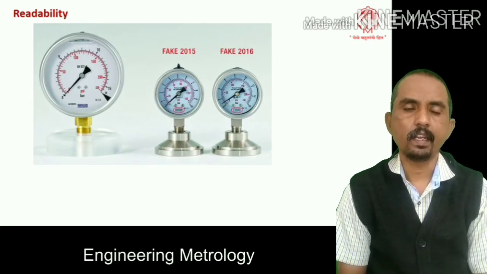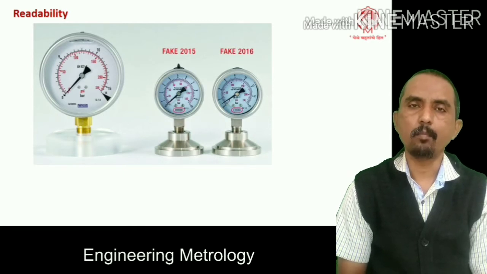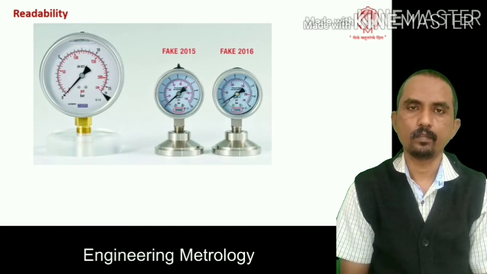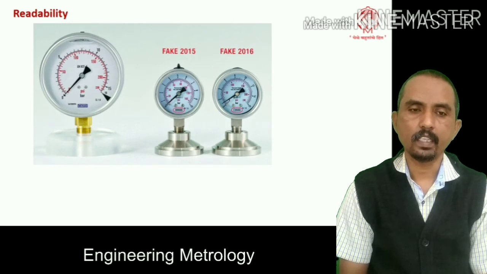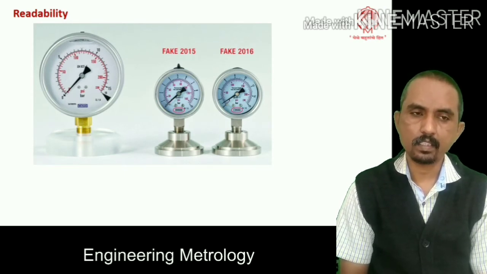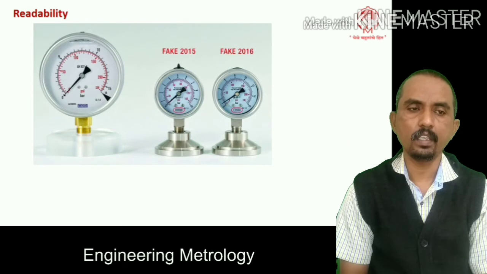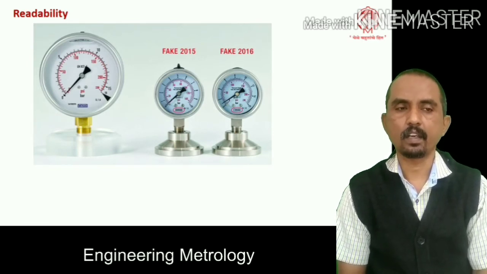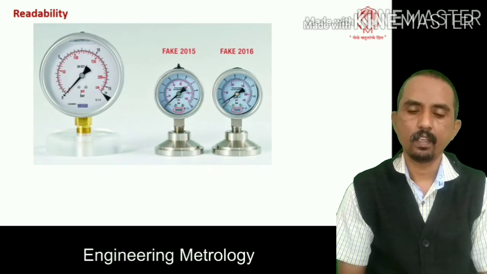That means readability is the ability of an instrument to read a very small change in input. Whatever scale is used on the instrument shows the readability. How small a value we can measure with the help of that instrument is related to readability.